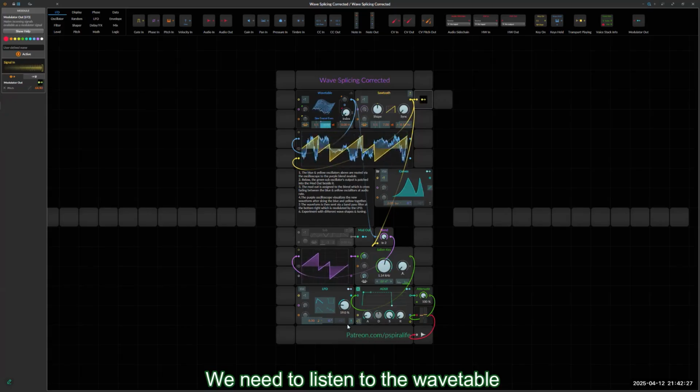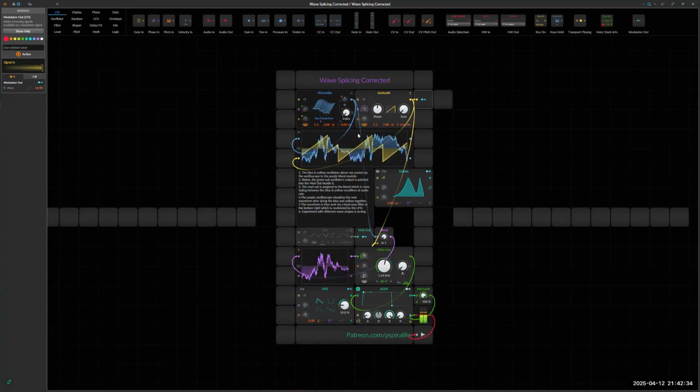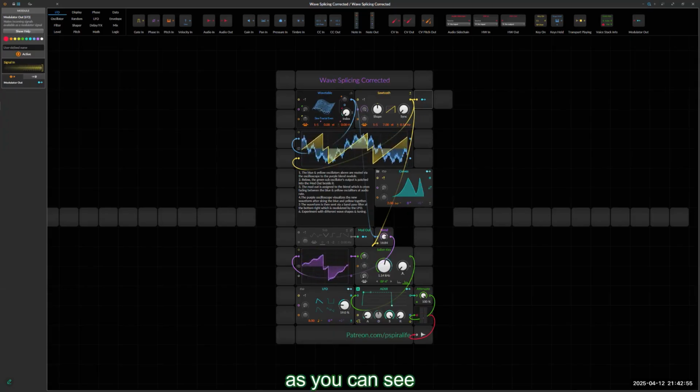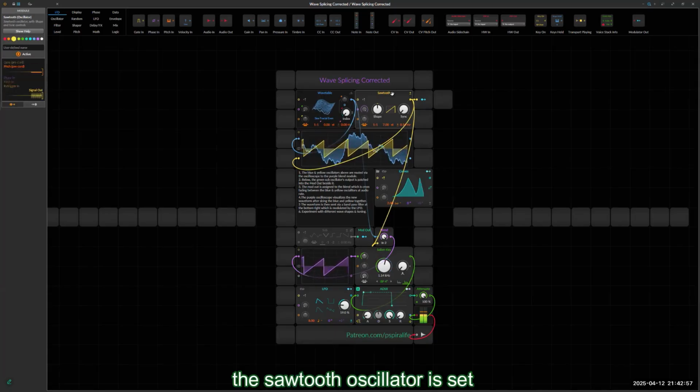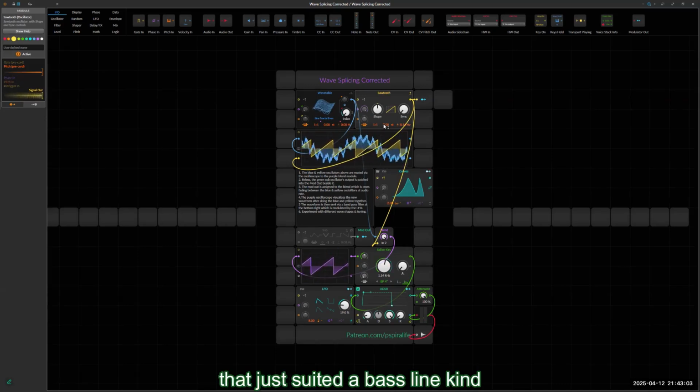And we would need to listen to the wavetable oscillator. As you can see, the sawtooth oscillator is set to 7 semitones above, and that just suited a bassline I was making at the time.